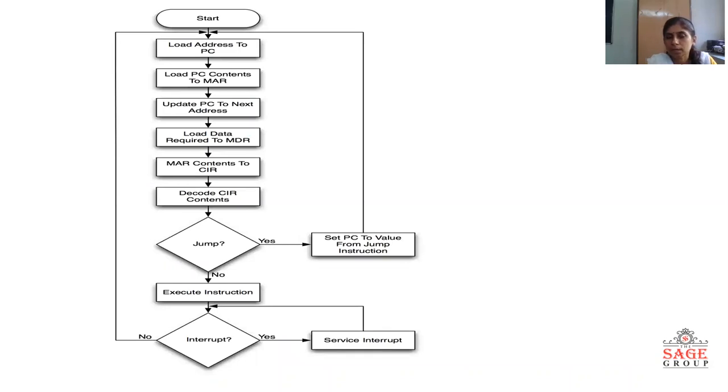For the instruction cycle in the form of a flow chart, there are two things to discuss, or we can give the explanation in two parts. First, what are the important components?